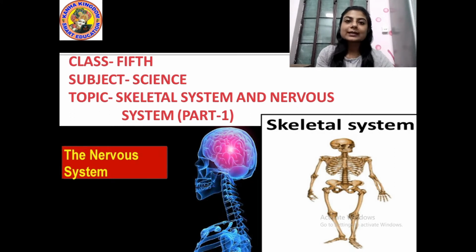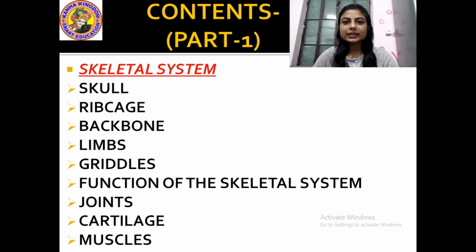Alright, so now let us see the contents. What are we going to study in this chapter? The contents of this topic, skeletal system, are: the first one is skull, then rib cage, backbone, limbs, girdles, then function of the skeletal system, then joints, cartilage and muscles.